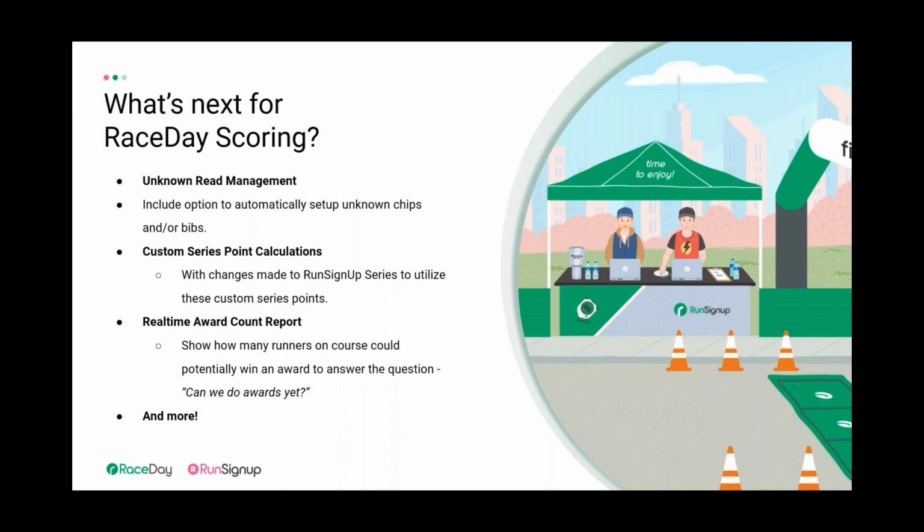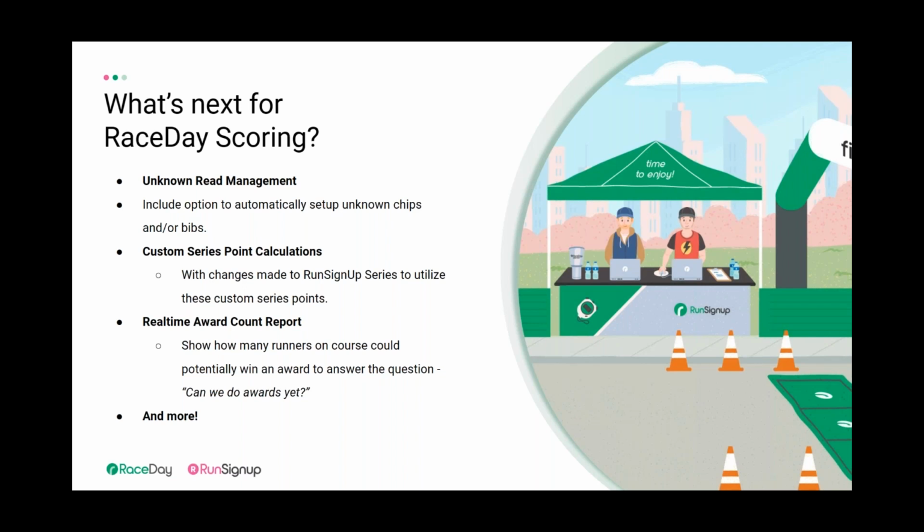Next, we're working currently on a big project to support series scoring within RaceDay Scoring and RunSignup series. So the idea here is we're working on right now the ability to, within one event, calculate series point calculations. So there's all these custom series points that are out there that we have cataloged that customers of Race Director and RaceDay Scoring have given to us, and they're all very interesting and sometimes very complicated methods to calculate series points within an event.